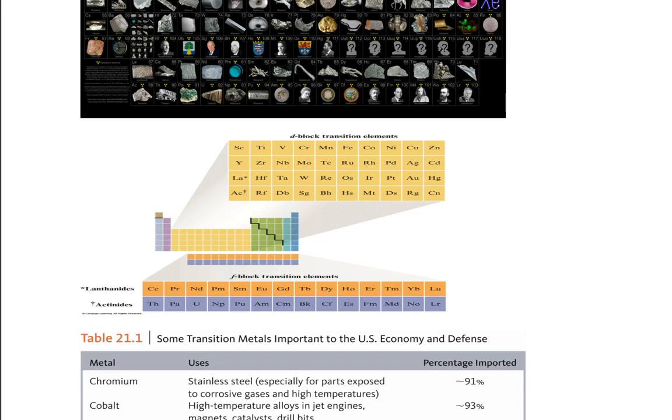And then we see the F block shown in orange and purple. Transition metals are the D block elements as well as the F block elements. We'll be looking primarily at the D block elements, in fact, primarily at the first row of the D block, and it is the 3D metals.